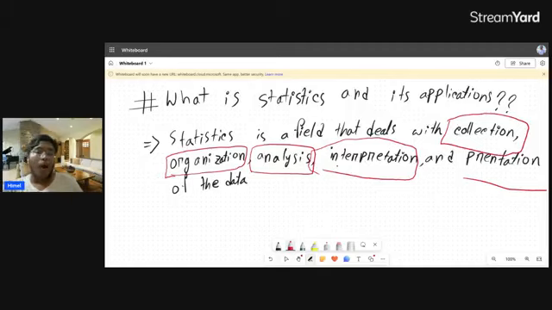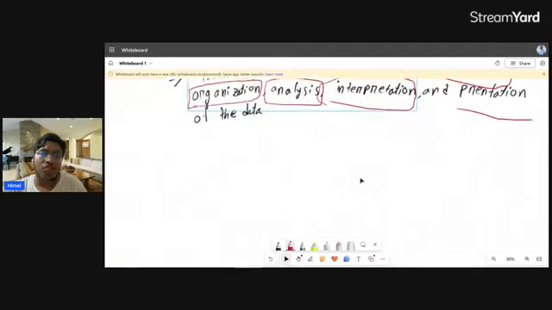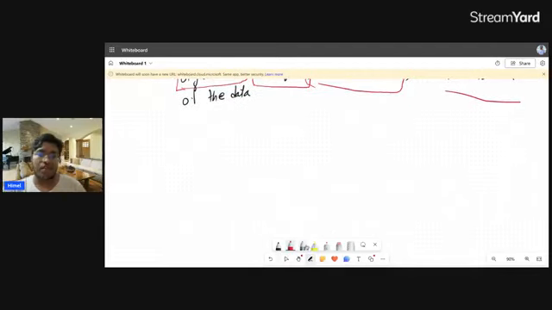So, why is it so mandatory, or why do we need this? In one word, it is mainly needed for decision making.